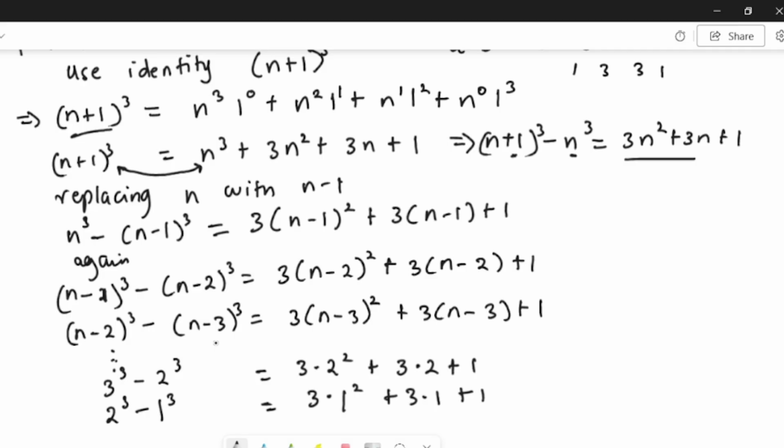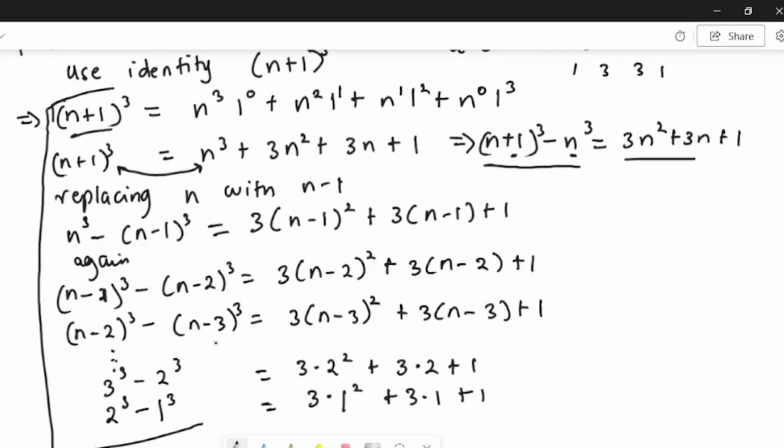What happens here? We're going to add this side. So we want to add the left hand side. When we add the left hand side, we are starting here, n plus 1 cubed minus n cubed.